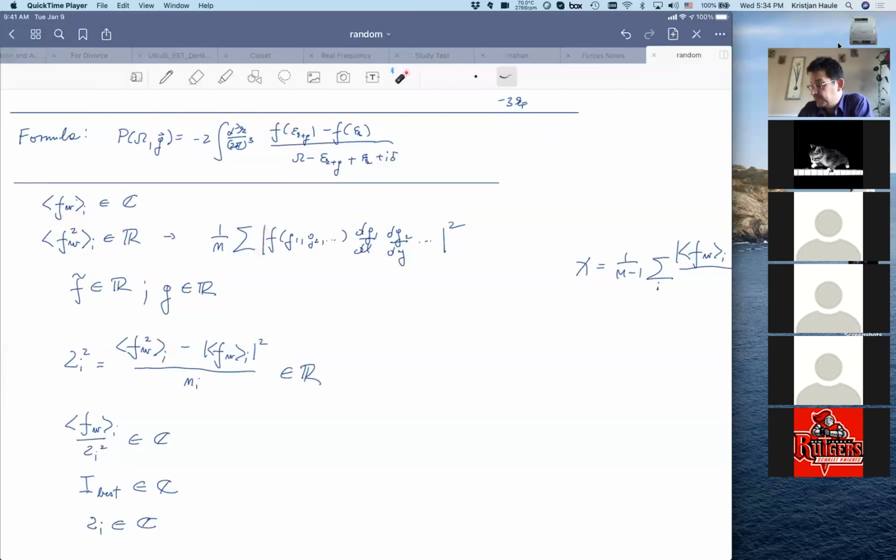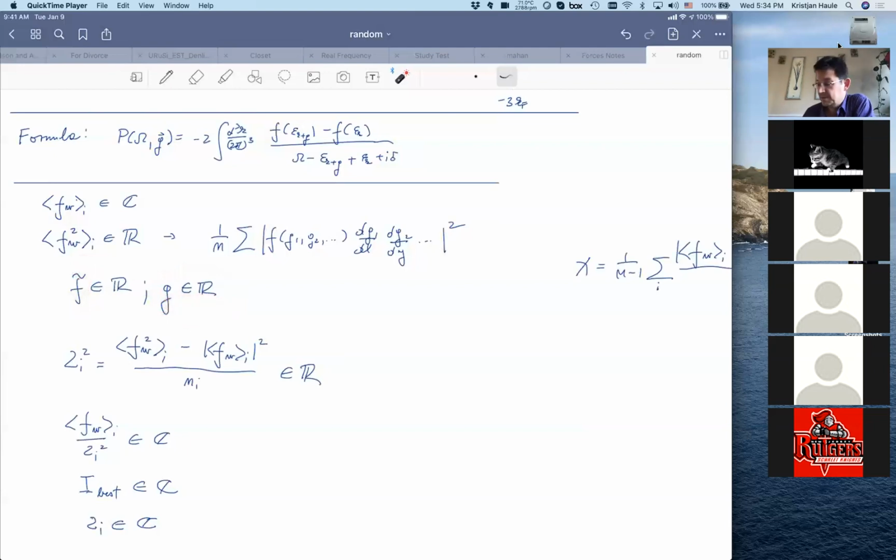for f squared, because the statistical error is going to be a real number. So in other words, here we take the absolute value. Then the projection of the function from which we're going to construct the grid has to be real as well, because the grid needs to be real.